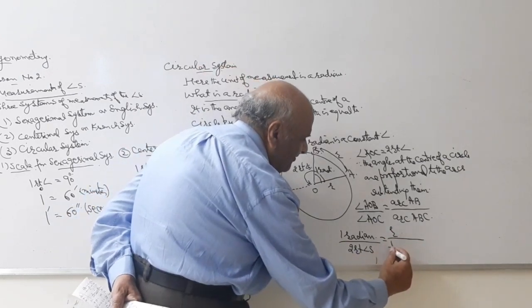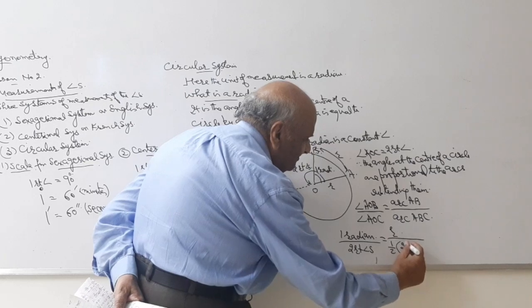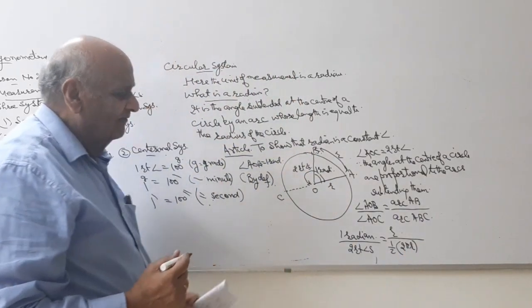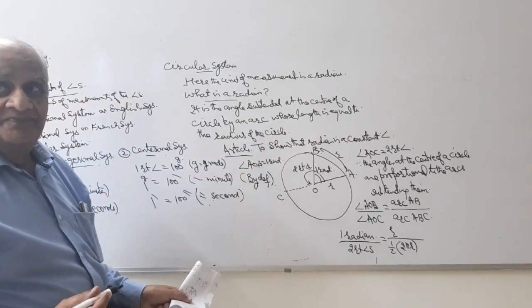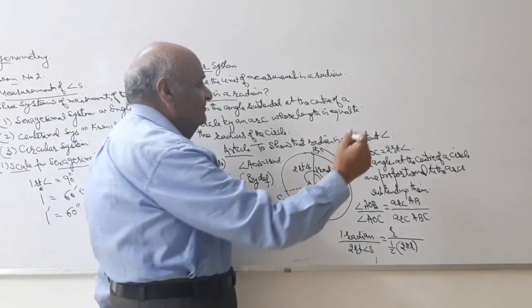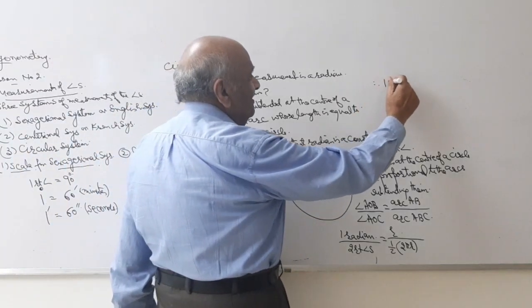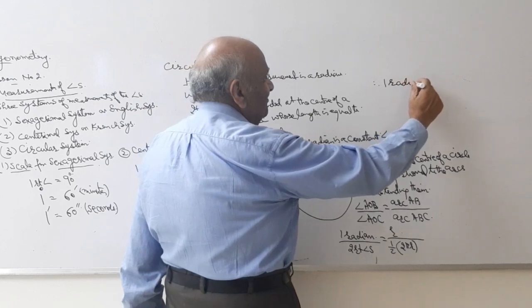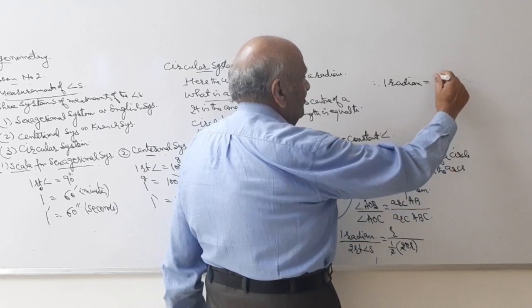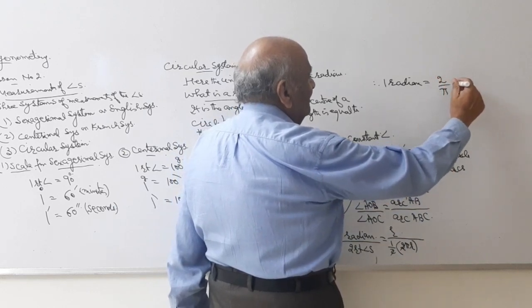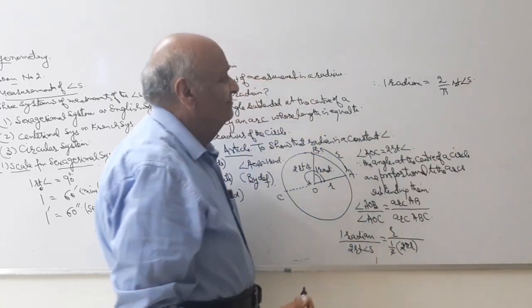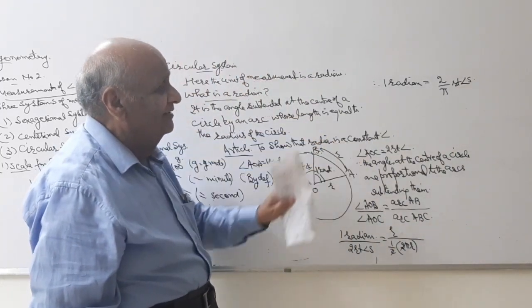That is half of 2 pi r, the total circumference. And therefore we say that 1 radian, this 2 will go, is equal to 2 upon pi right angles.